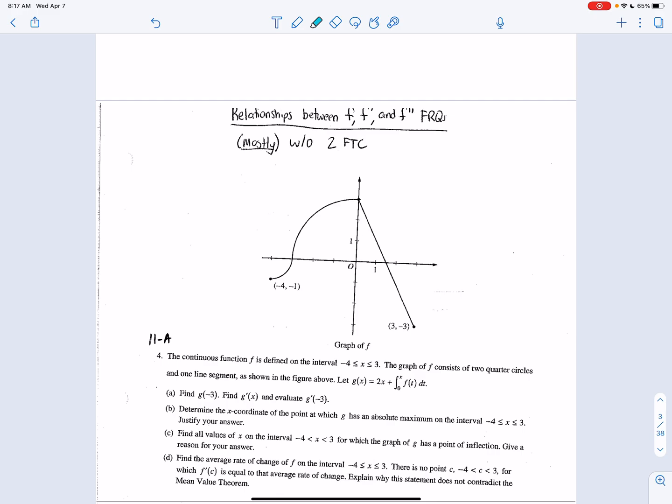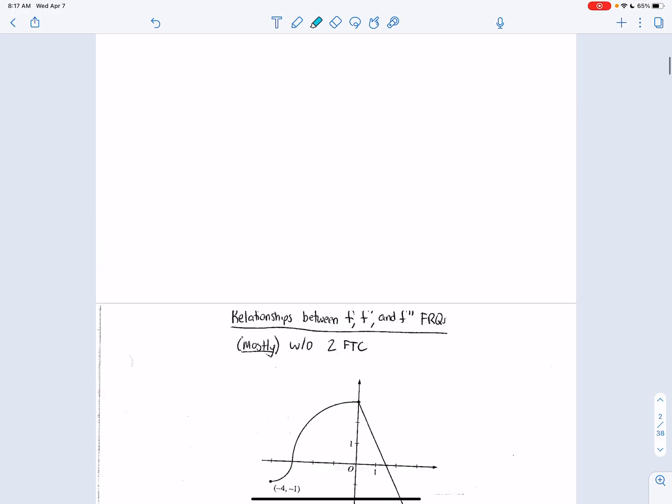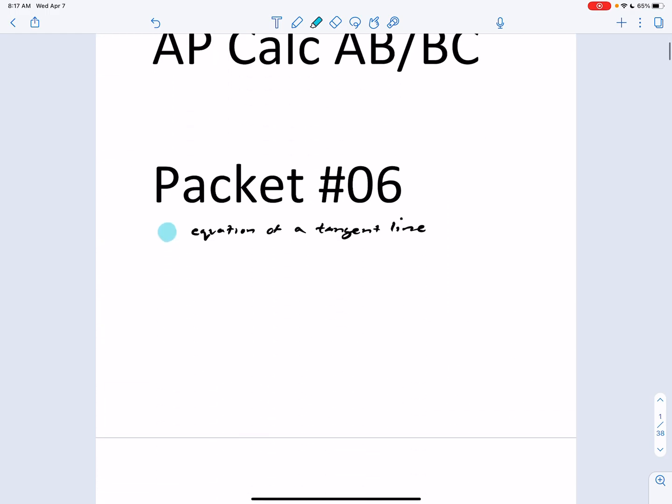It's rare to see it in the calculator portion because usually they'll save that for accumulation or particle motion or even Riemann sums, right? So again, this is just based on what we've seen in the past 25 years, all right?